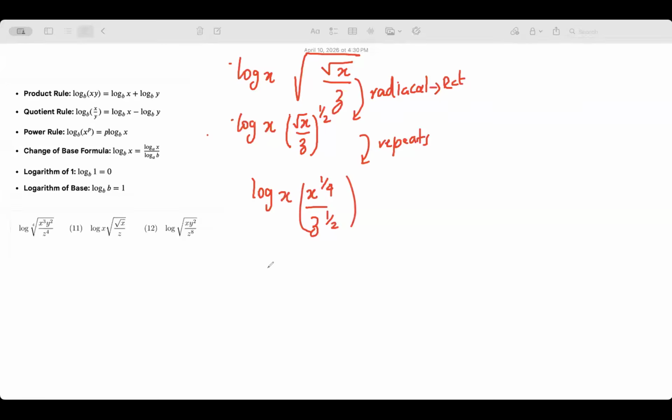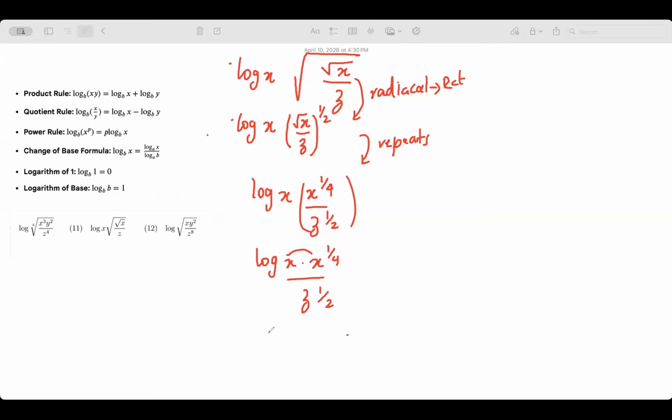Right? Now there is division, so the quotient property you can use. Before applying the quotient property, I can combine the x terms. So what happens?